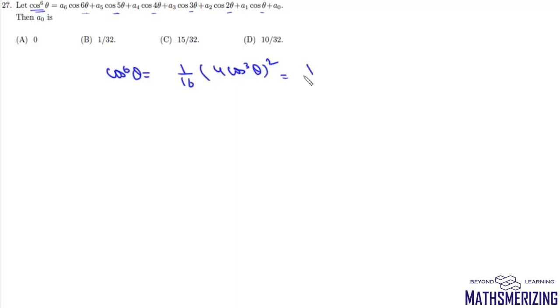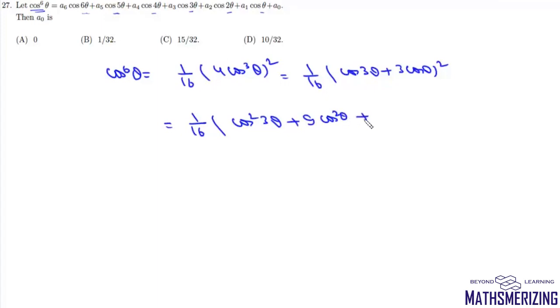Now 4 cos cube theta is cos 3 theta plus 3 cos theta, whole square. So we can write this as 1 by 16, and it'll be cos square 3 theta plus 9 cos square theta plus 3 into 2 cos 3 theta into cos theta.